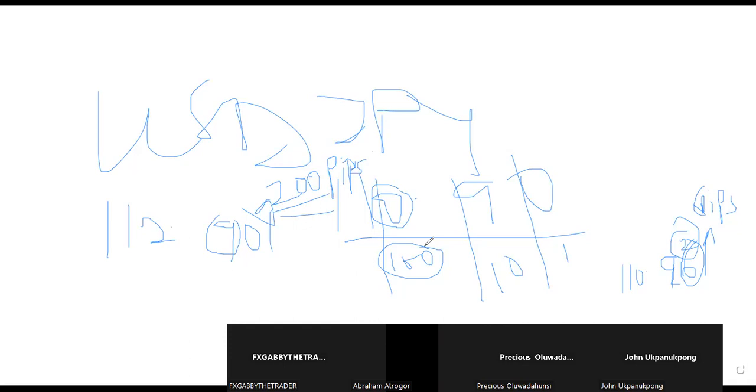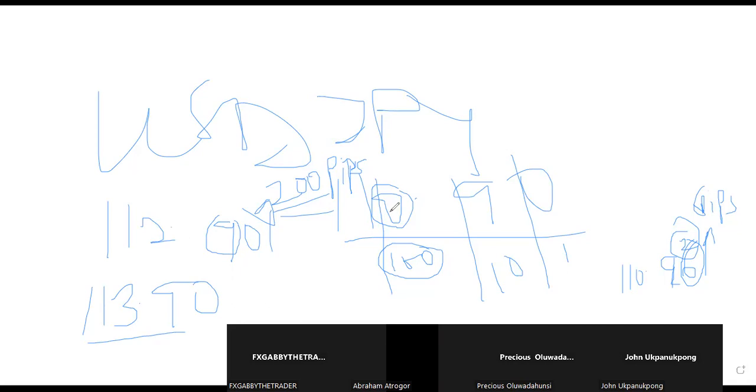Don't worry, I'm going to do another calculation again. If USD JPY moves to 113.90, let's work this out. Link it to the table. 0 is still sitting, 9 is still sitting.